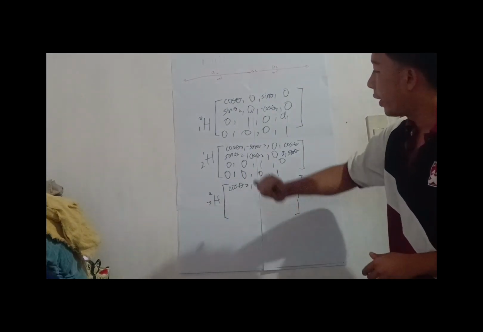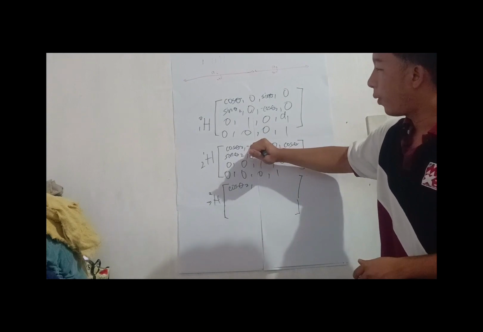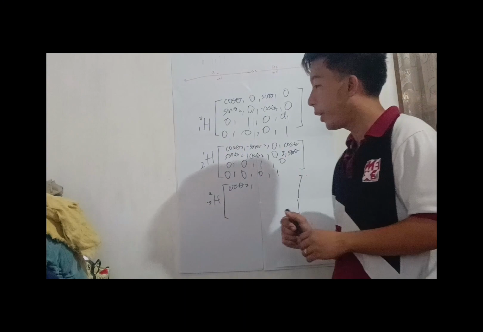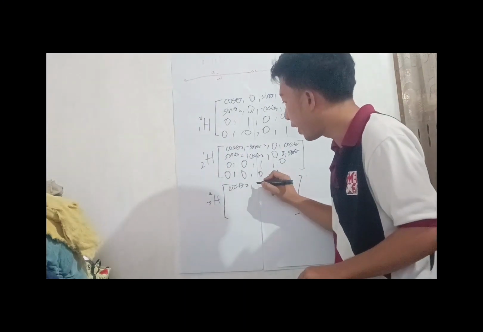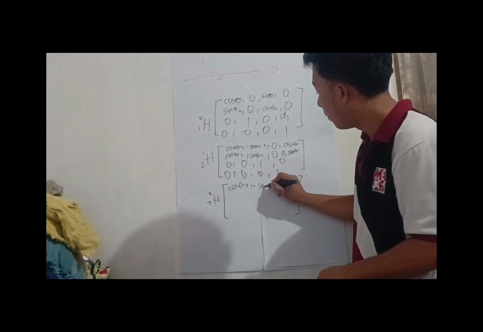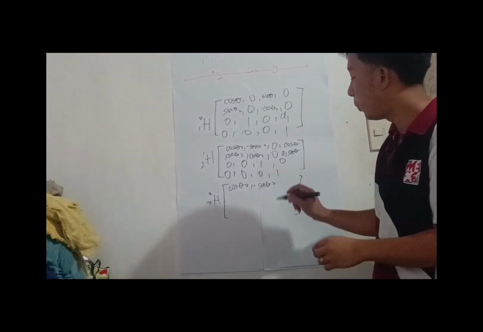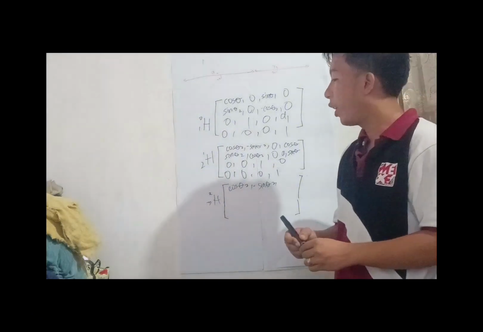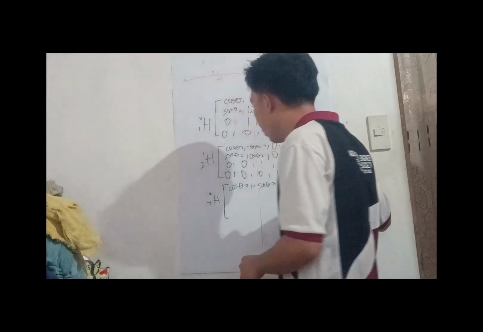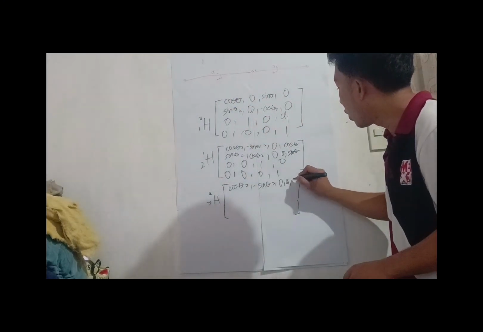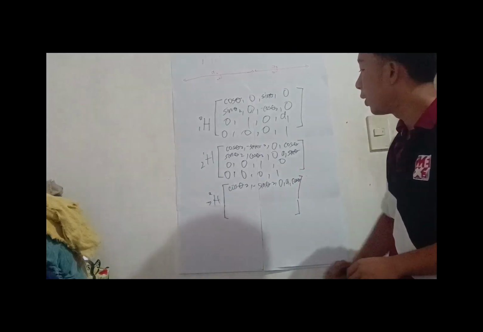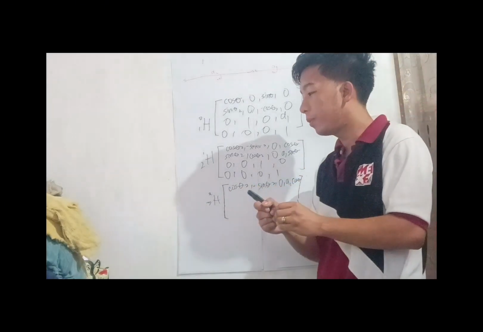The first is negative sine theta 2, for the second angle as in H12. And there will be 0 and A is equal to cosine theta.